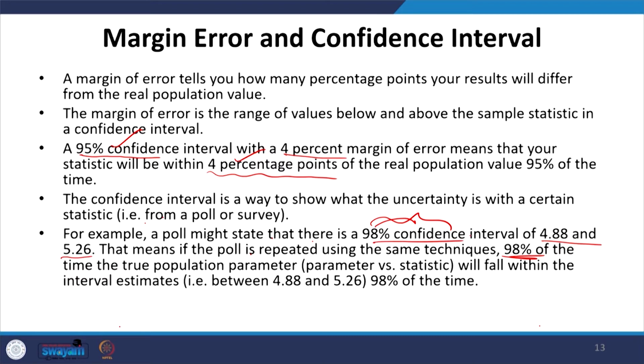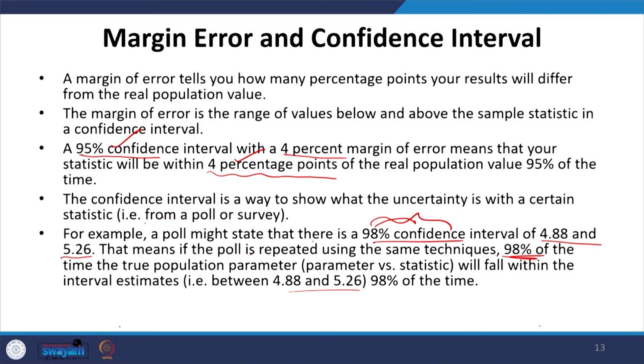That means if the poll is repeated using the same technique, since we have taken 98% confidence, the result will vary within the limit of 4.88 to 5.26. It will fall within that interval 98 percent of the time.